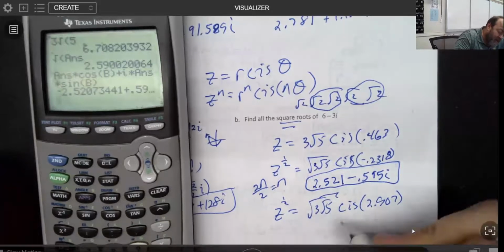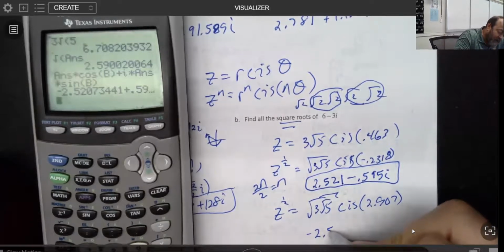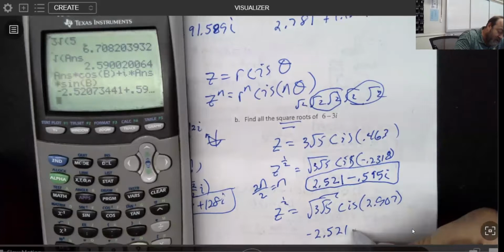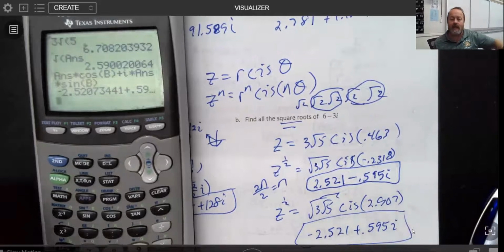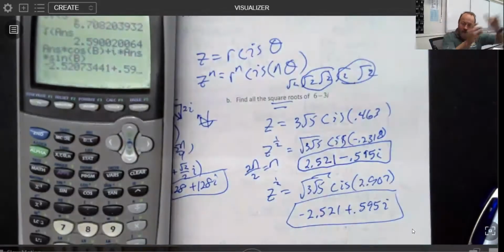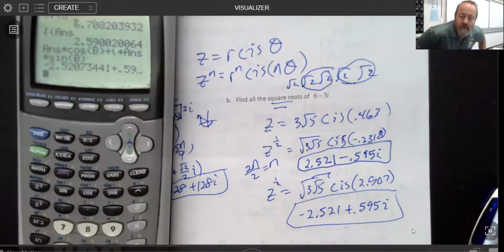My other answer, not surprisingly, is almost the same as the one I had a minute ago. Notice it looks the same, and it should, because they're exactly pi or 180 degrees apart, so they should just be across from each other on the unit circle.